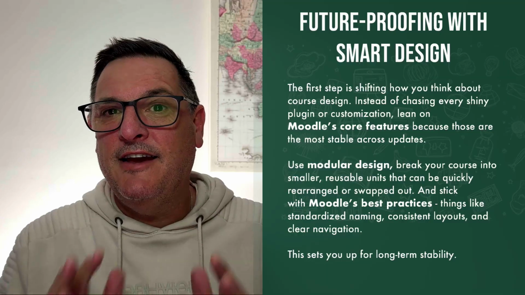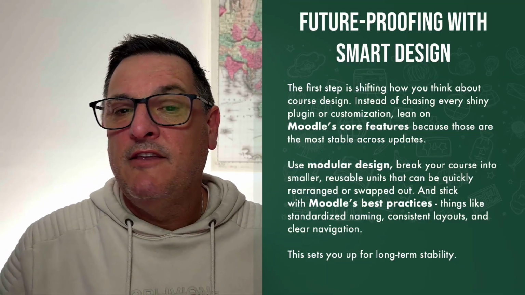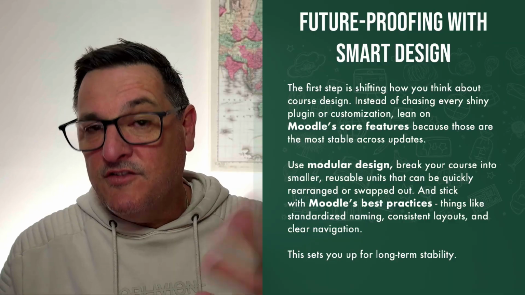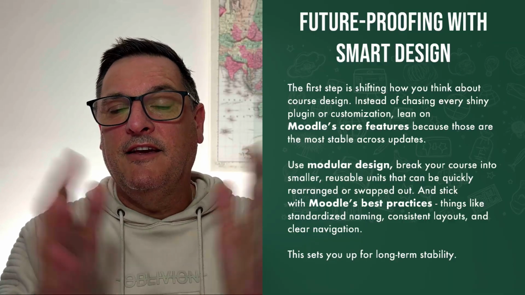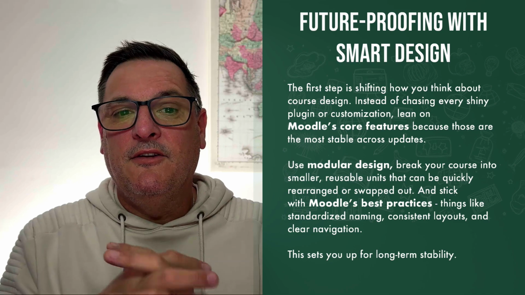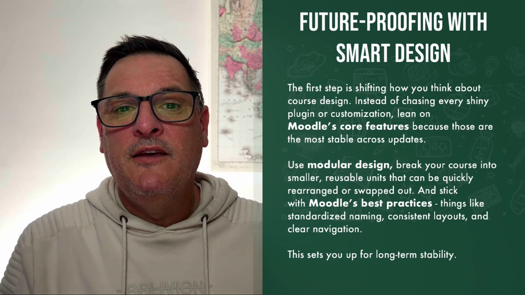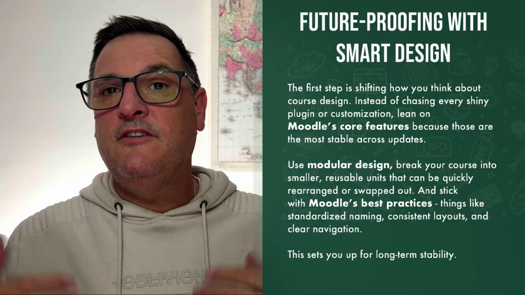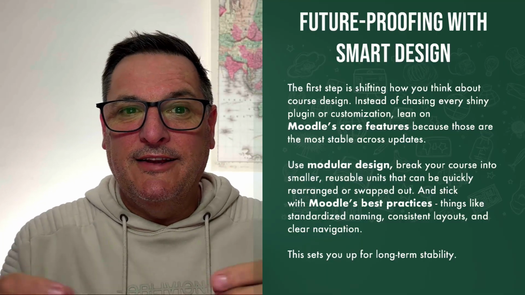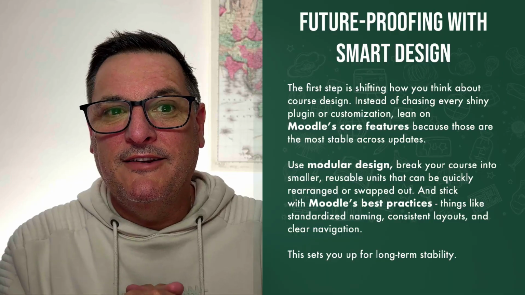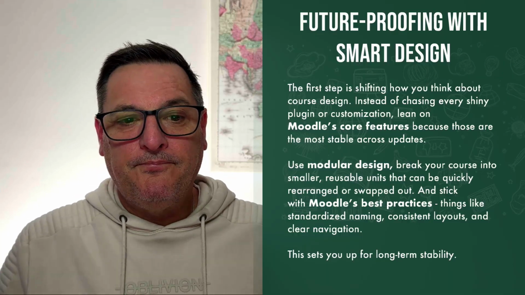So there certainly is a case for using things like SCORM packages, things like Articulate Rise, or using H5P, because it all stays contained in its own environment and then gets displayed inside Moodle. So there are other ways of keeping things flexible and interactive, but at the same time making sure that you're not going to get swallowed down that problem of Moodle upgrades and updates and things that might break other components.